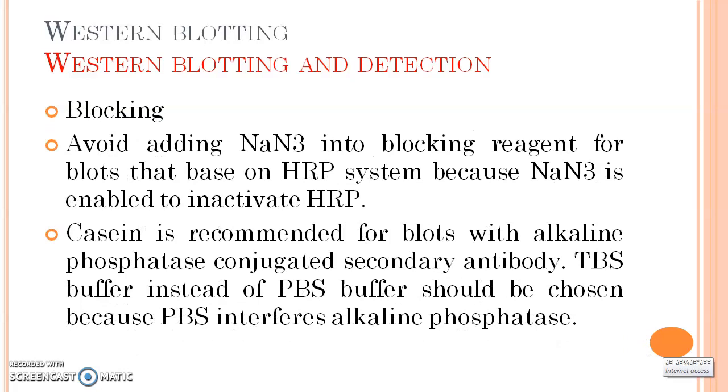Avoid adding NaN3 into blocking reagent for blots that are based on HRP system because NaN3 is able to inactivate HRP. Casein is recommended for blots with alkaline phosphatase conjugated secondary antibody. TBS buffer instead of PBS buffer should be chosen because PBS interferes with alkaline phosphatase.